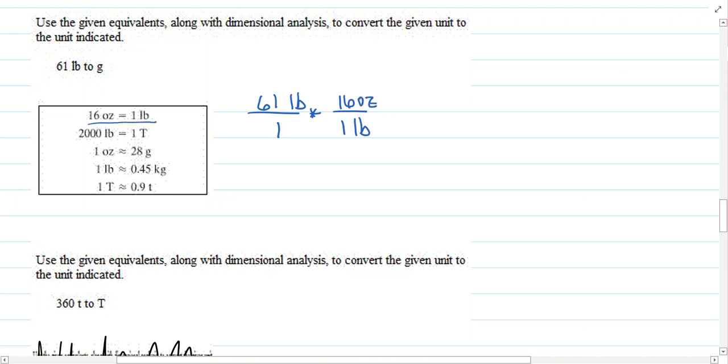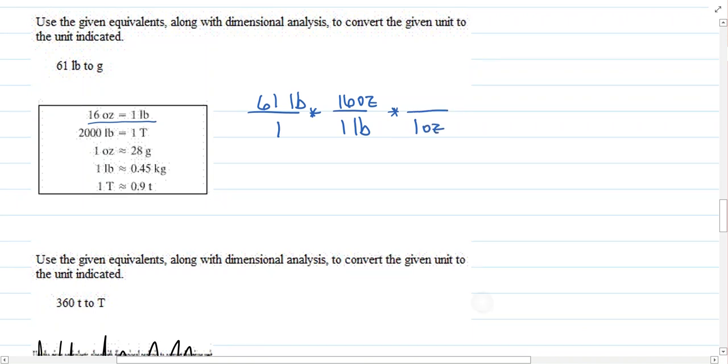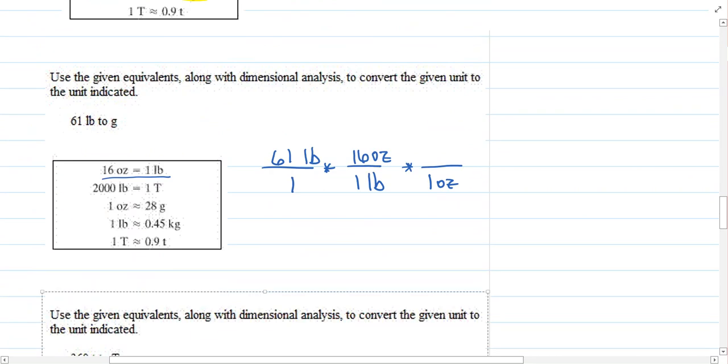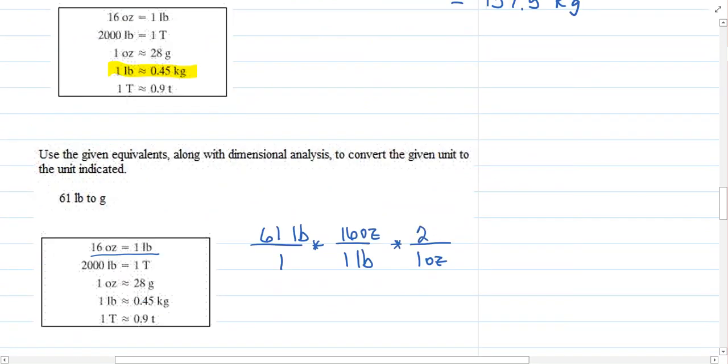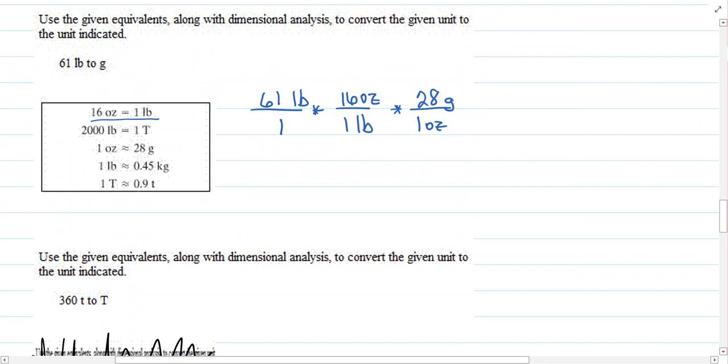And then that is changed to what I needed. 1 ounce is equivalent to 28 grams. All right, so let's see what I have done. Pounds cancel, ounces cancel, and I end up with grams.